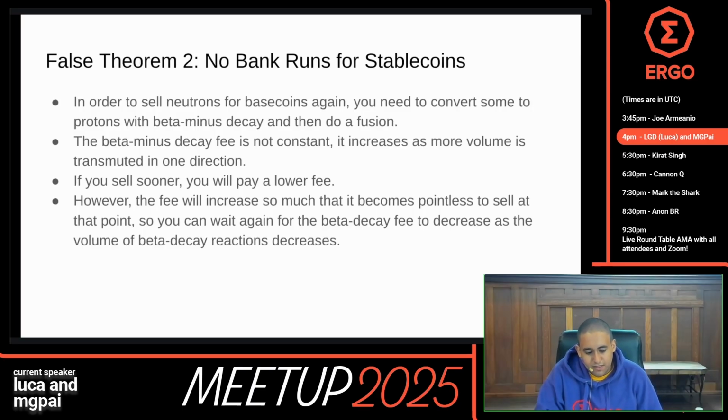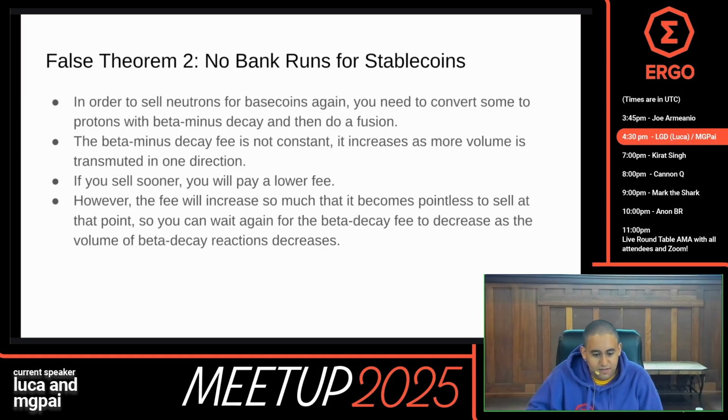So it is possible for a bank run to happen because, as I mentioned before, to sell your stable coins, you're combining two actions, right? You're doing a partial beta decay, and then a fusion. But that beta decay fee depends on the volume. So the more people sell, the higher this fee will be, and so the next person will have to pay more.